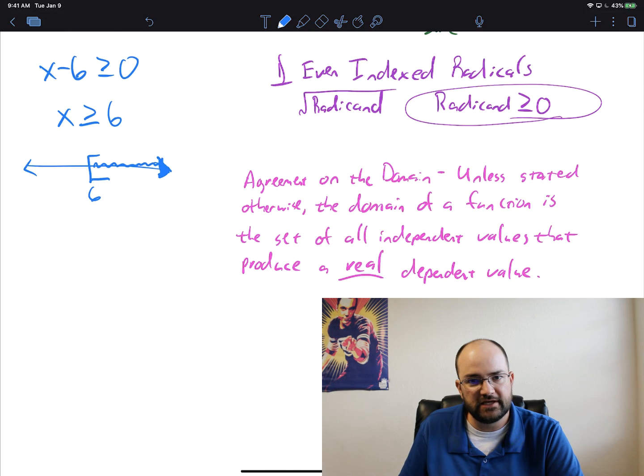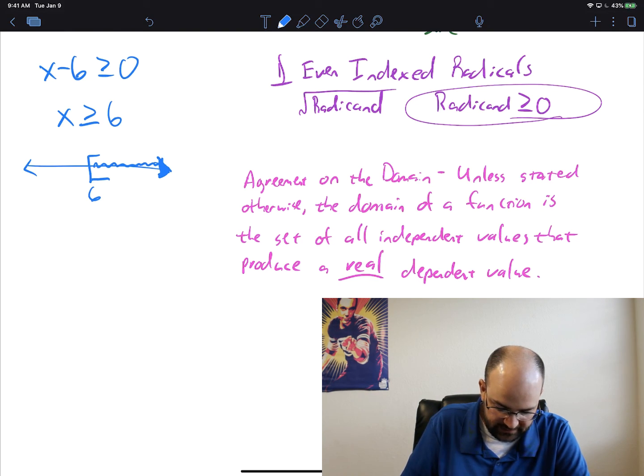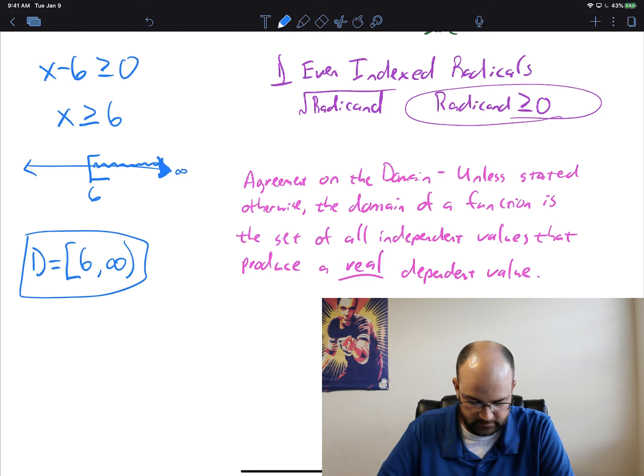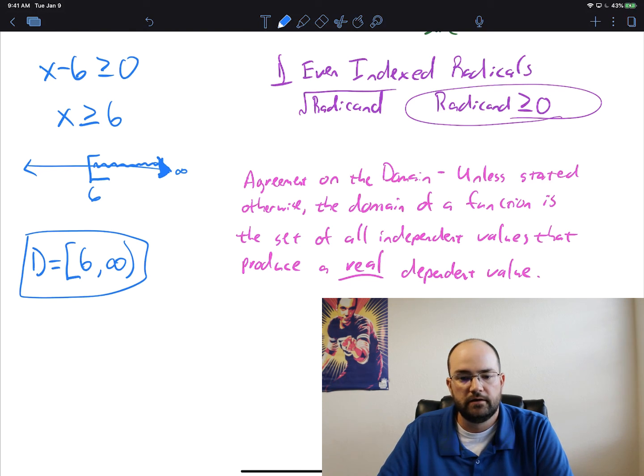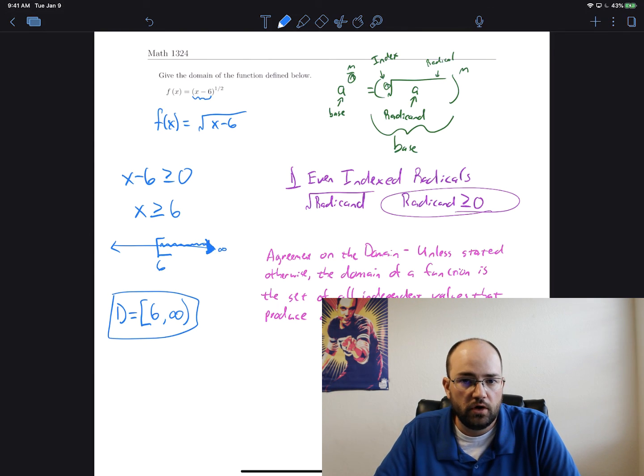So we start at the 6 and go to the right. That means that the domain for this particular function will be 6 to infinity. Include the 6, exclude infinity. Alrighty. We now know one time during which the function will not be all real numbers.